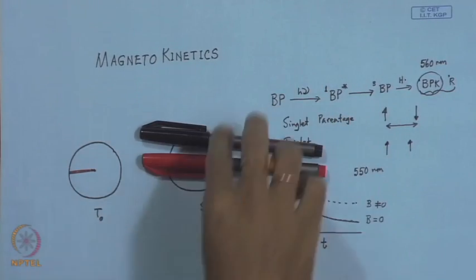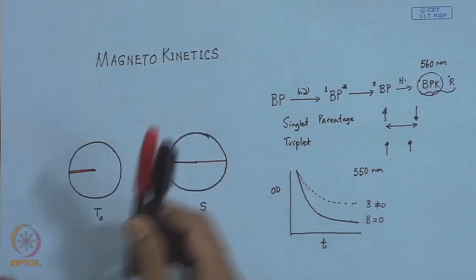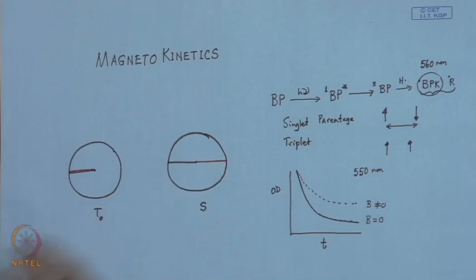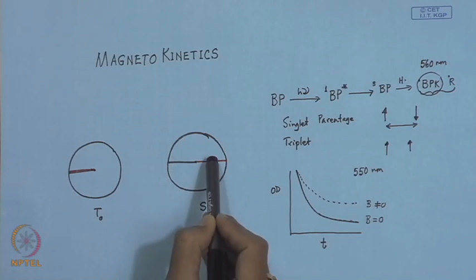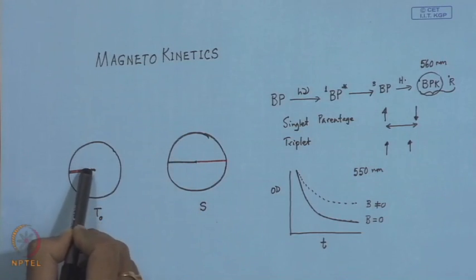So what is happening is that, suppose by some means you can increase the precessional frequency of one of these two spins, then there will be dephasing, that is, maybe this red will move a little faster than this one. So at one point of time this red will merge on this, which means you are getting this picture.